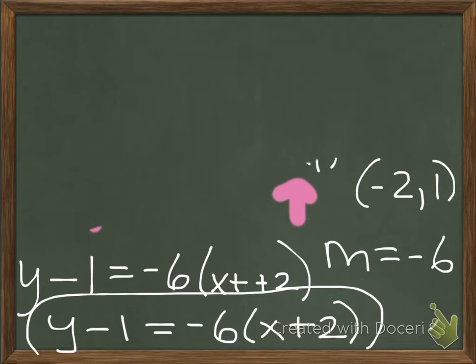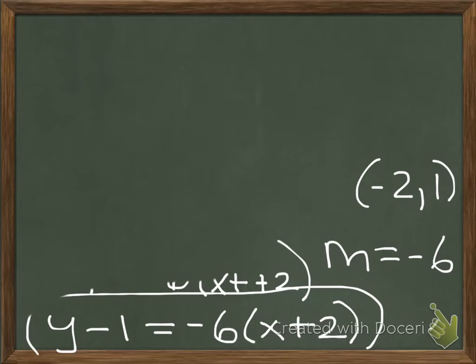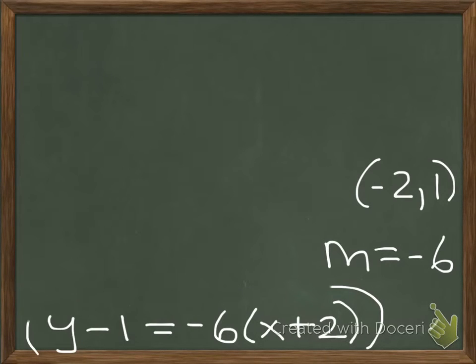So we're going to graph our equation. The point is negative 2, 1. That's where I'm going to start the graph.